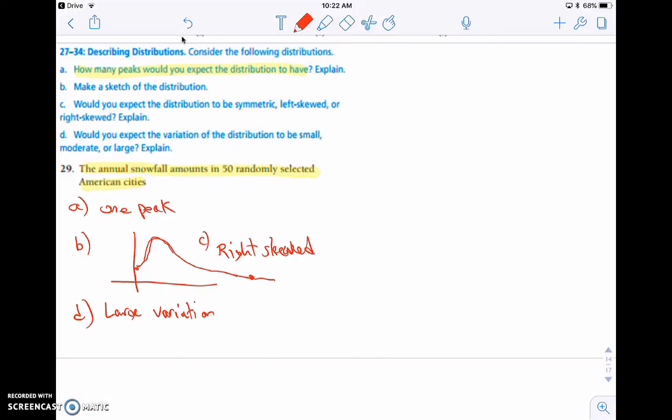If you get one like Salt Lake City, it might help skew this a little bit. And there's going to be a lot of places that get an okay amount and tend to cluster around that one peak. So that's just a general broad way of looking at that kind of information.